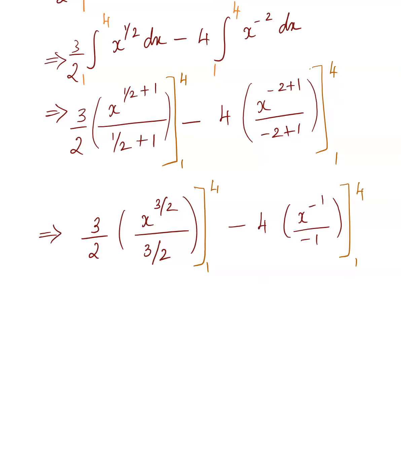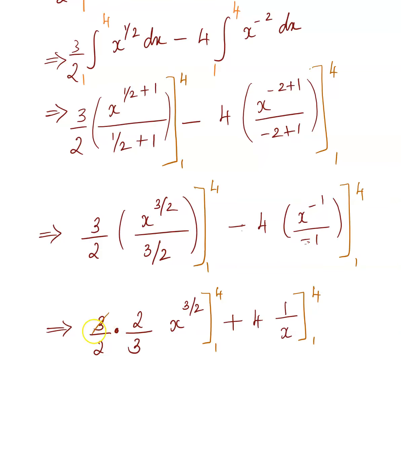I'm still in the cleanup process, so this is 3 over 2 in the bottom. That's going to flip up and become 2 over 3. Just for convenience, I'm going to put it out all explicitly for you. So we are just left with x 3 over 2, and this minus will combine to give us a plus 4. X power negative 1 will be the same as 1 over x, right? And I just want to apply the limit for just the x part.